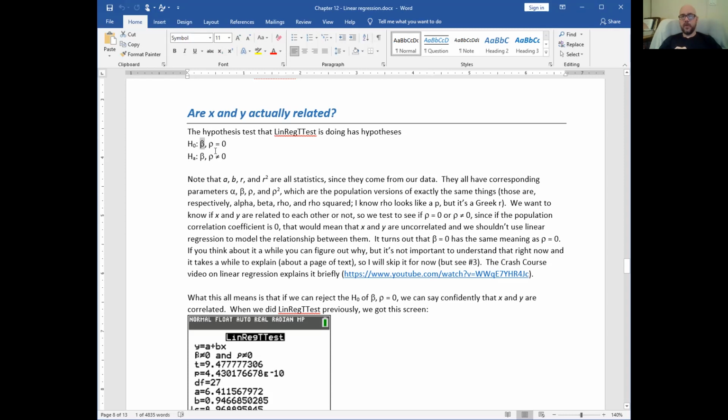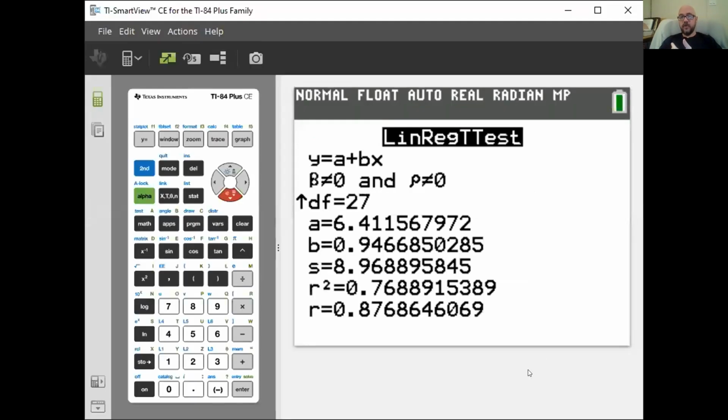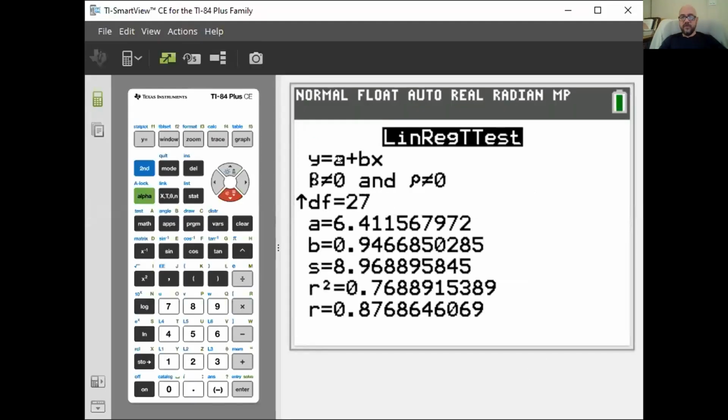So if you remember, when we found our regression equation, let's flip back to the calculator. When we found our regression equation, we found A and B. Let's say we found the coefficients for the line based on our data.